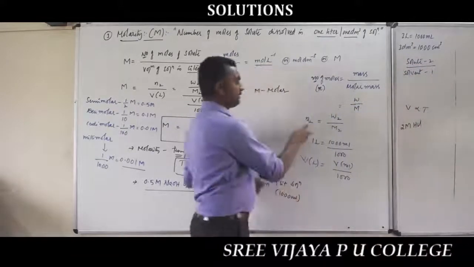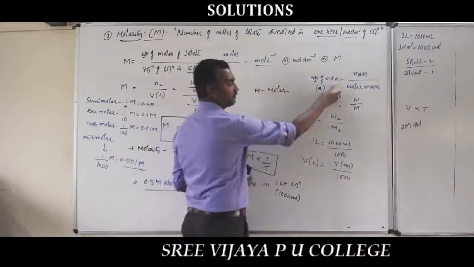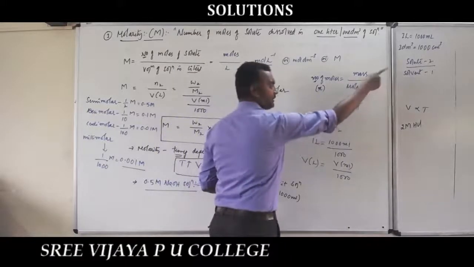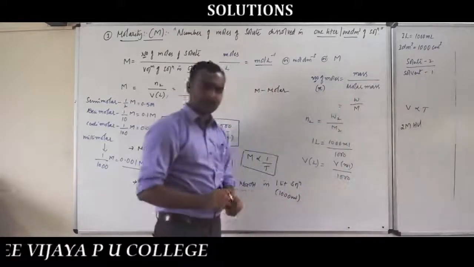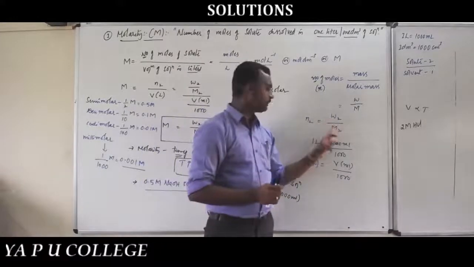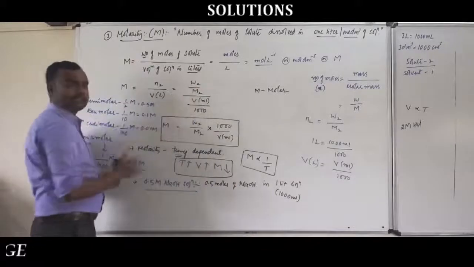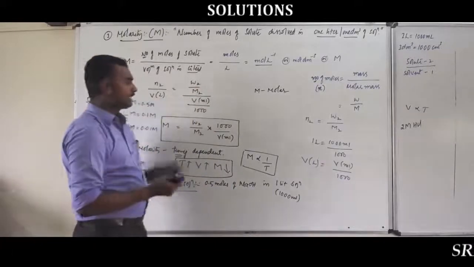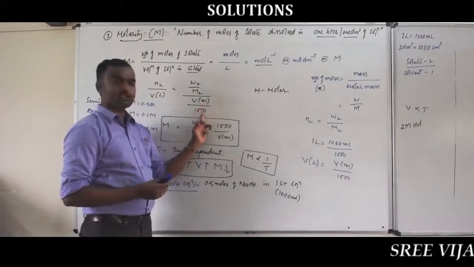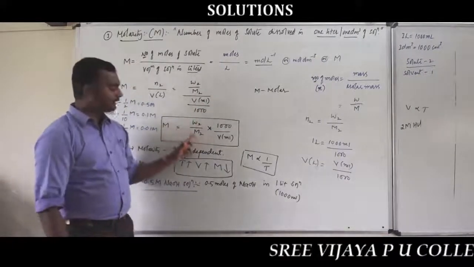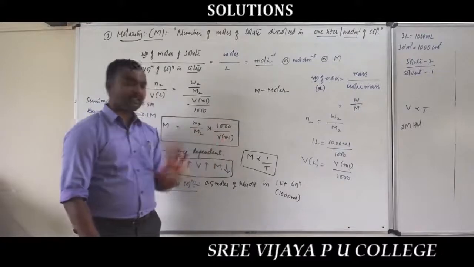So therefore number of moles of solute is equal to mass of solute divided by molar mass of solute. Mass of solute is W2, molar mass of solute is M2. That is substituted here, W2 by M2. Volume in liters can be written as volume in ml divided by 1000. So mathematically ಏನು ಸಿಗುತ್ತೆ, molarity is equal to W2 by M2 into 1000 divided by V in ml.